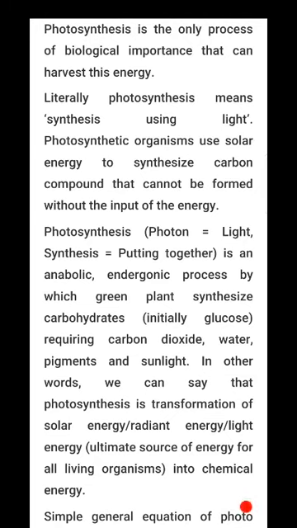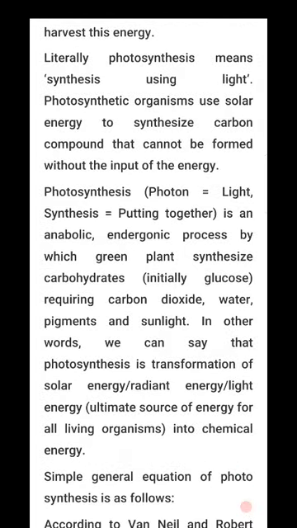In photosynthesis, you can understand the process minutely. You can see that solar energy that comes from the sun is trapped by the green plants or photosynthetic organisms, and that solar energy, or light energy, or radiant energy, is converted into chemical energy.